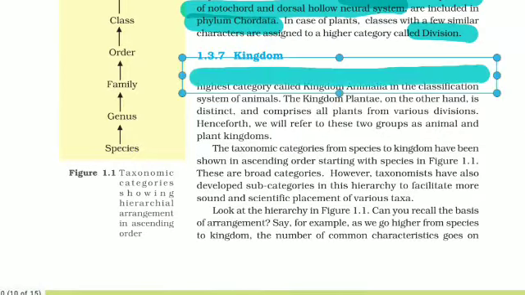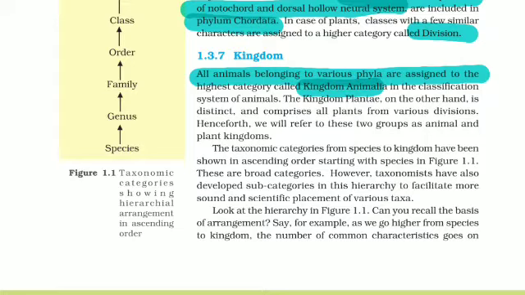Under this kingdom Animalia, you have many phyla. So the kingdom is the highest rank of all. Similarly, kingdom Plantae comprises all plants which belong to various divisions. There are different divisions in the plant kingdom that come under the main category, kingdom Plantae.